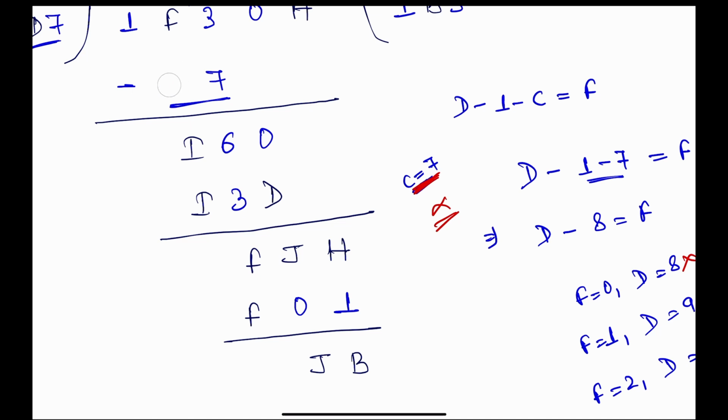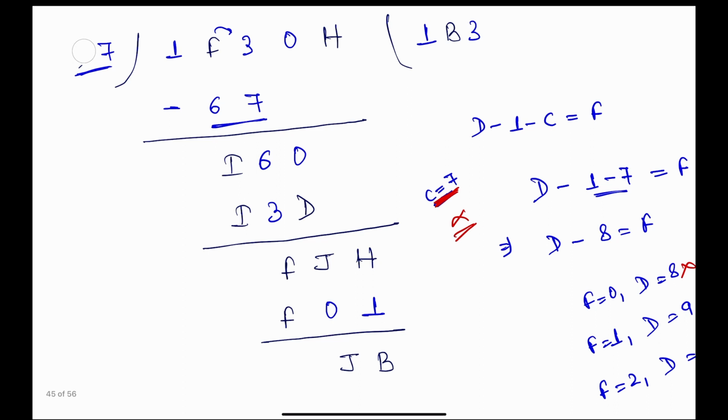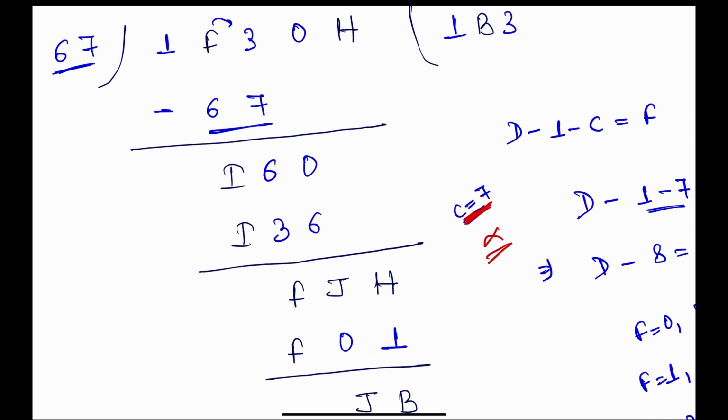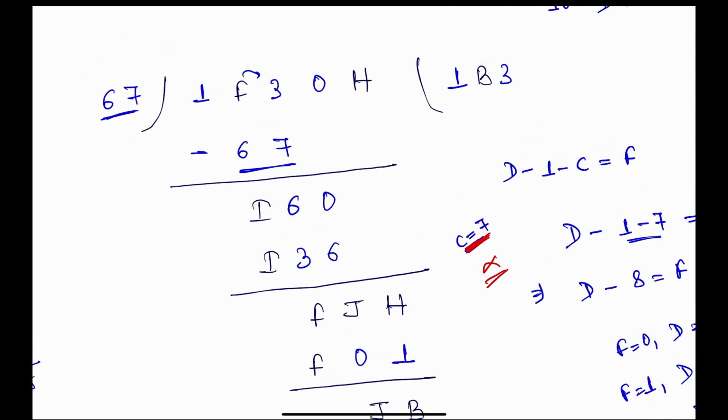Let's replace all the values of D with 6, here also D with 6. I don't think anything is left in the question to solve, but still let's just try and solve the rest of the question, whichever is left.